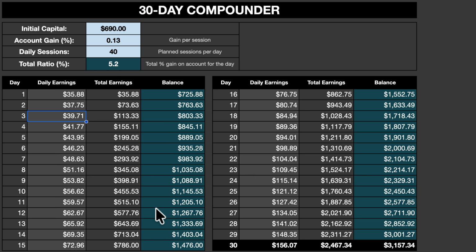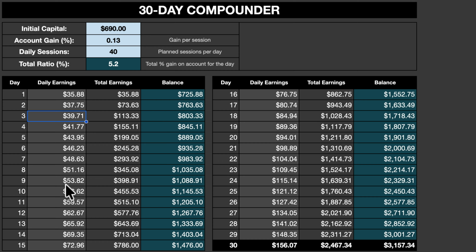That's the power behind compounding. That's why we have this calculator. This is something that's not available online. It's specifically designed to be used with the trade manager because it has all these other features that are missing with most online tools. But this is just going to tell you the daily earnings over the course of 30 days.